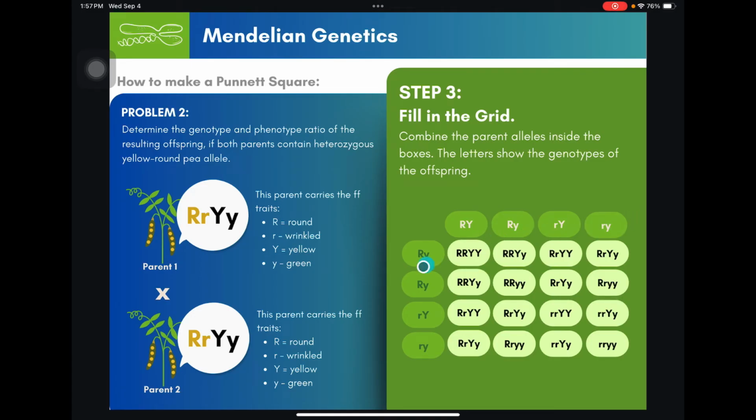Just like the monohybrid cross, we're going to take this one and multiply it with this one. The resulting answer is this one, dominant R and dominant Y. Likewise, continue while you fill in the boxes. We're going to take this one and multiply this one to this one, and the answer will be this one.